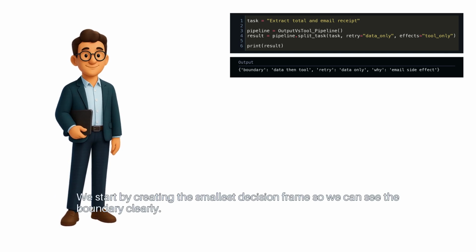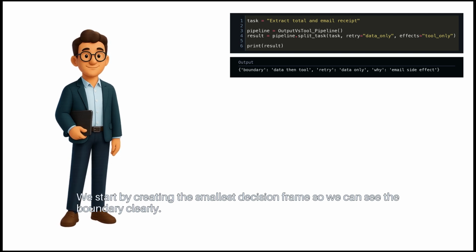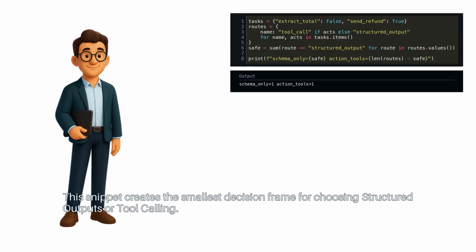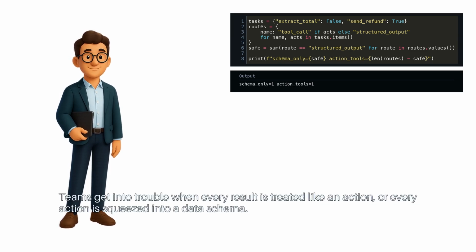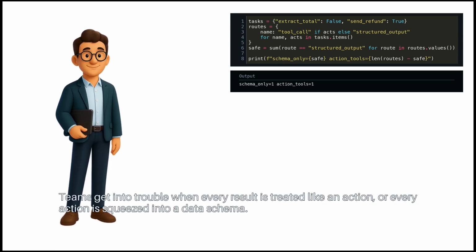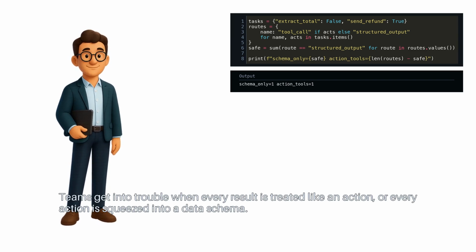We start by creating the smallest decision frame so we can see the boundary clearly. This snippet creates the smallest decision frame for choosing structured outputs or tool calling. Teams get into trouble when every result is treated like an action, or every action is squeezed into a data schema.